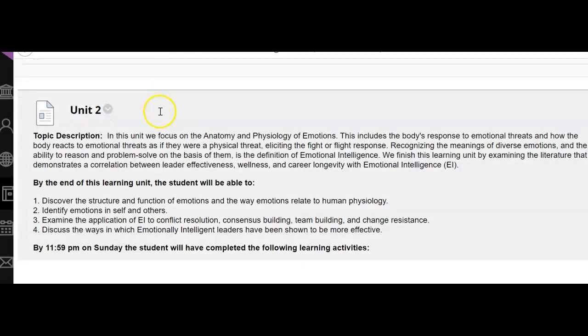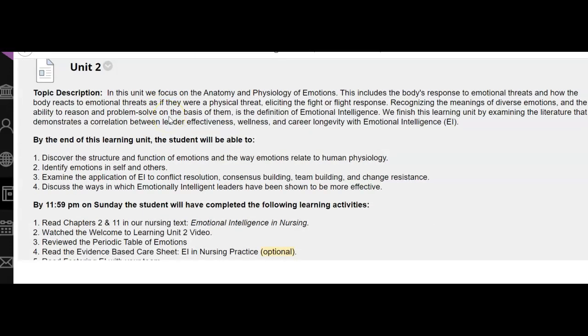So by the end of this unit, you're going to be able to discover the structure and function of emotions. We're building further on our ability to identify emotions that we really were pretty thorough with, I believe, in our resiliency course, and the way emotions relate to human physiology.